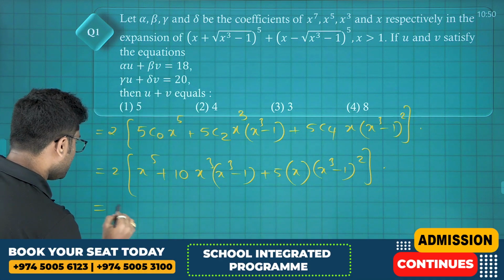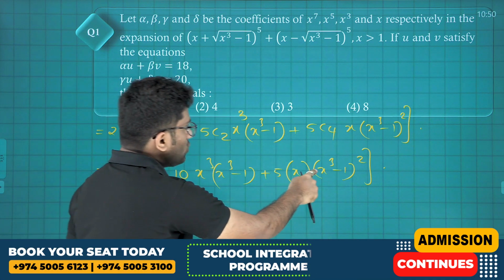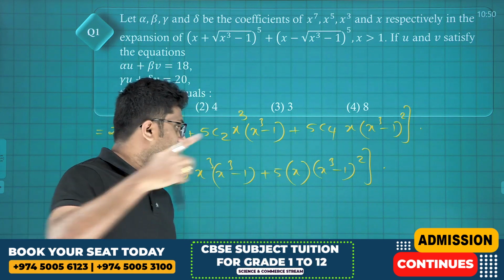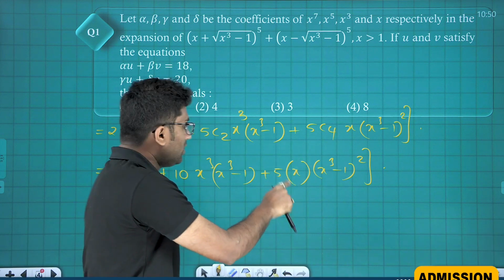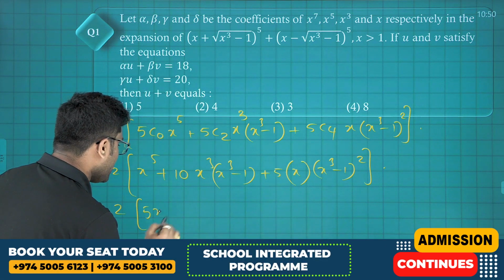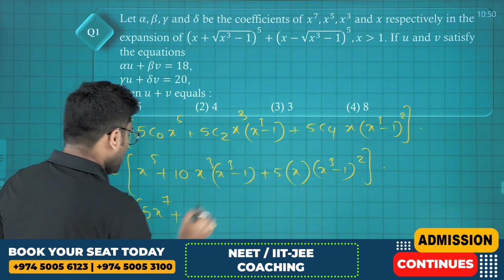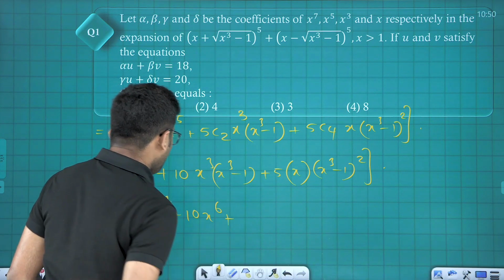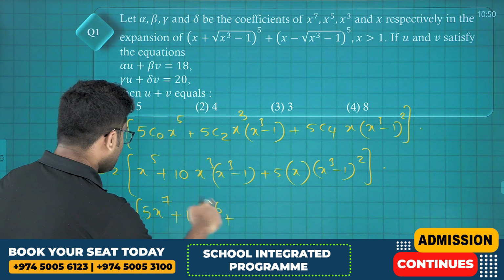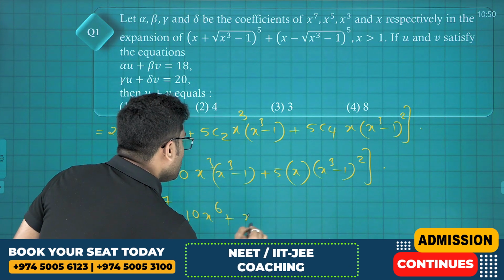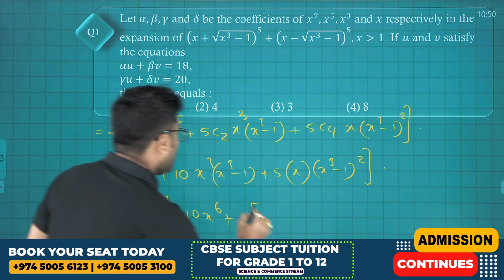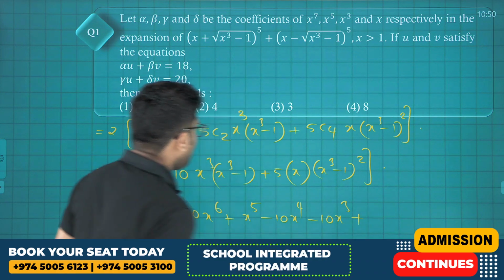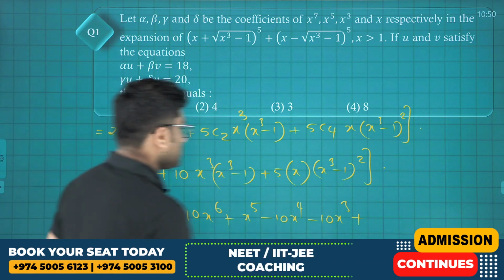So that becomes, starting with the highest, x cube whole square is x power 6, multiplied by x power 7, so that is 5 into x power 7, plus x power 6, the coefficient is 1, 5, 10, next x power 5, 1 into x power 5 minus 10 into x power 4 minus 10 into x cube plus 5x.